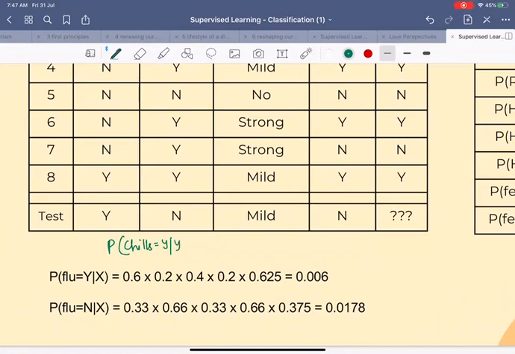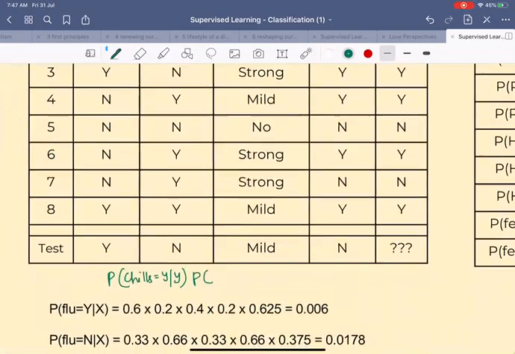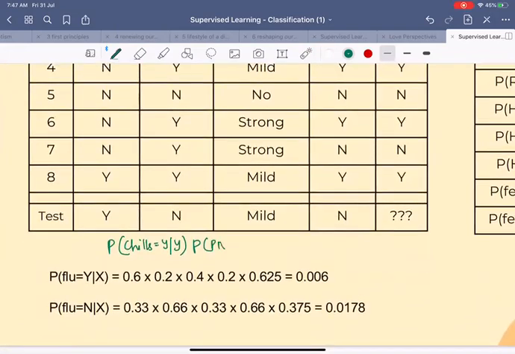Given they have flu, multiplied by the probability of runny nose is equal to no, given that they have flu, multiplied by the probability of headache is equal to mild, given that they have flu, multiplied by the probability of fever is equal to no, given they have flu, multiplied by the probability of flu being yes.